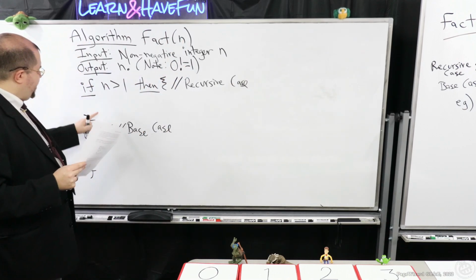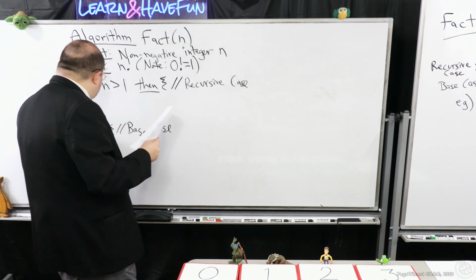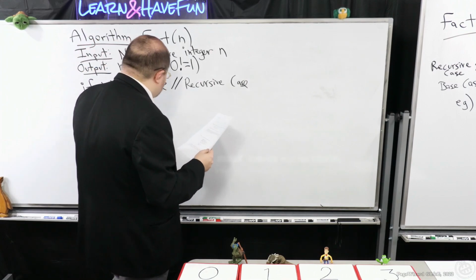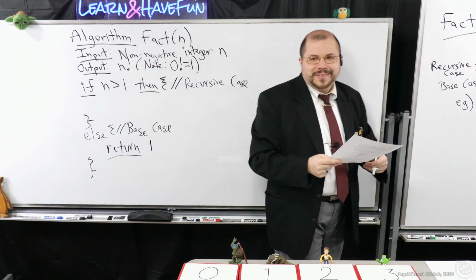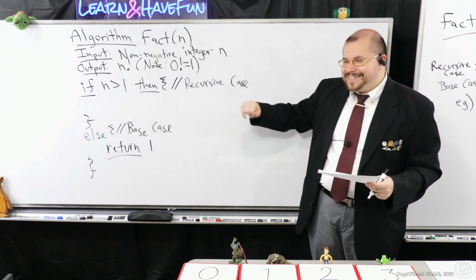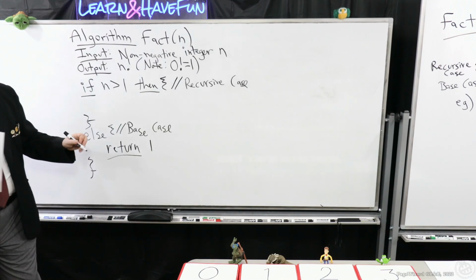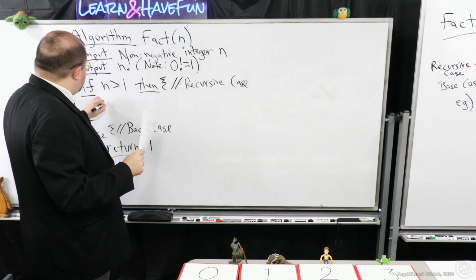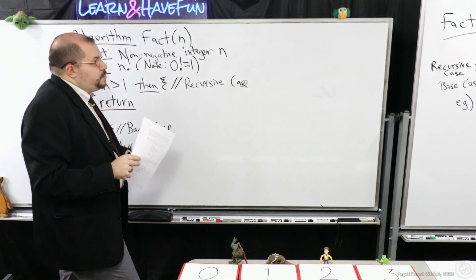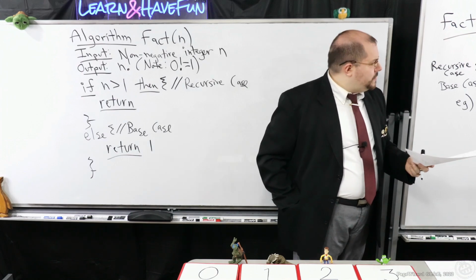I haven't put anything in here yet, we're going to figure that out. We know for the base case, we're just going to return 1. That's what we've established already, right? Well, what's going to go right here, though? To answer the question of what n factorial is recursively, what did we say?